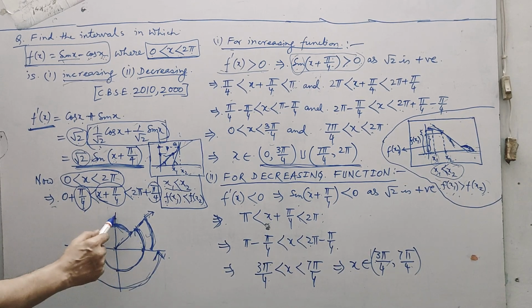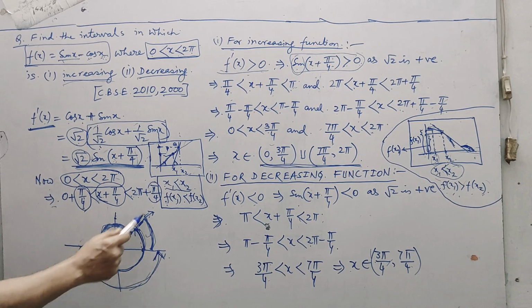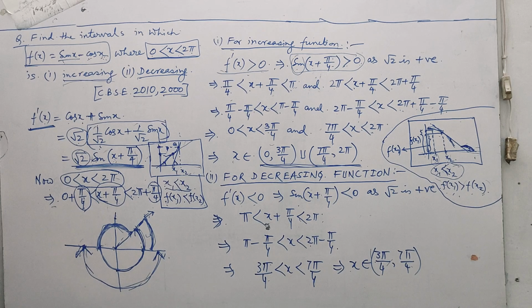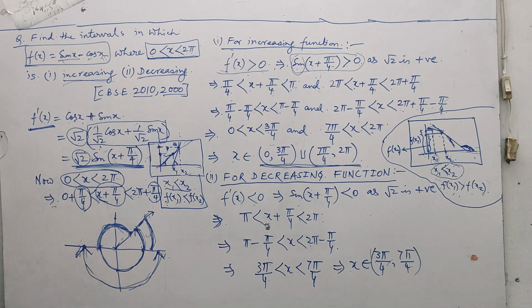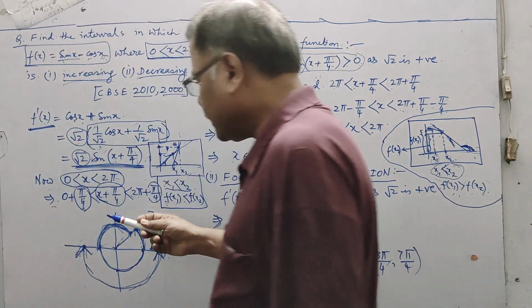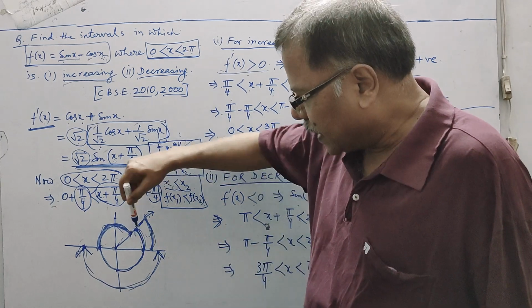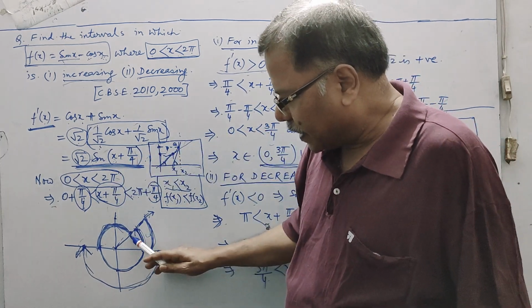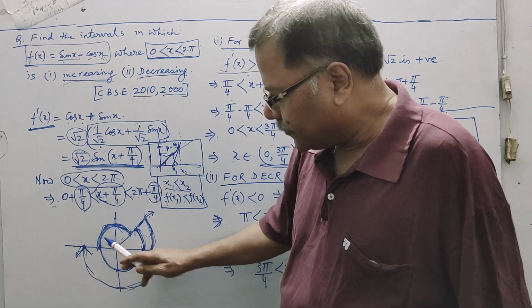This one is representing the first quadrant, and this line is dividing this first quadrant into two equal halves. That means this angle will be pi by 4, this also will be pi by 4. Now as you see, this x plus pi by 4 is greater than pi by 4. So we have to start from here, means more than pi by 4.